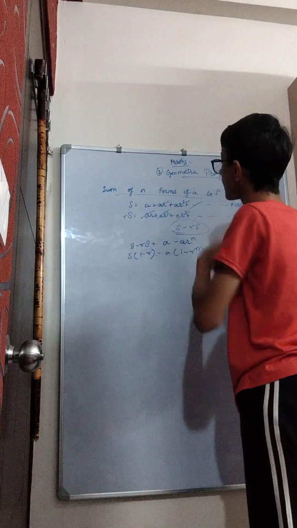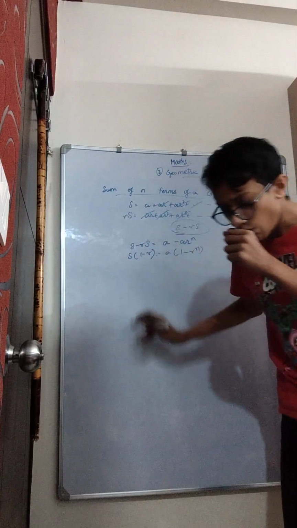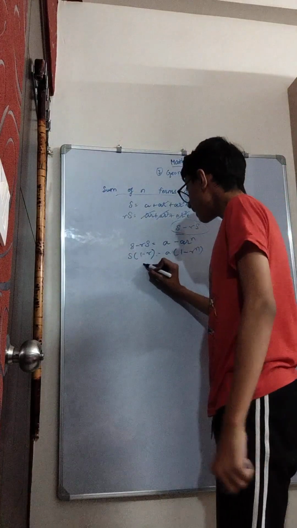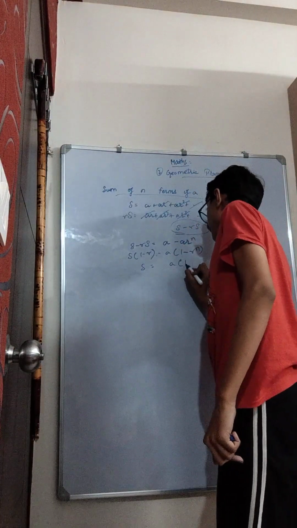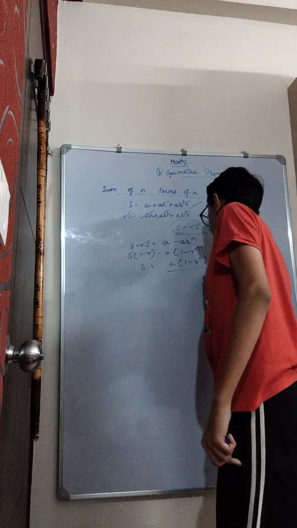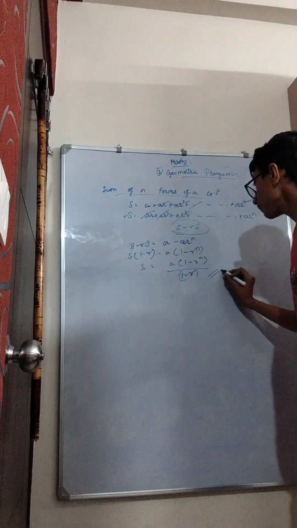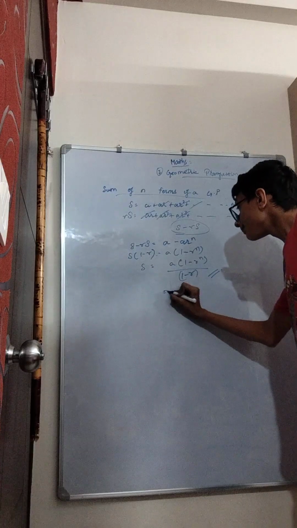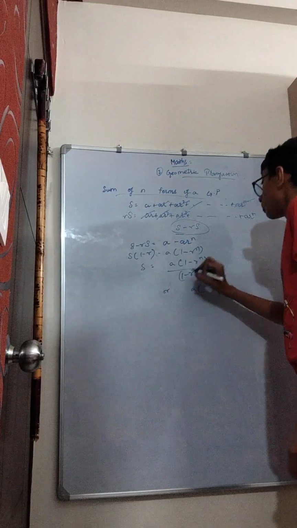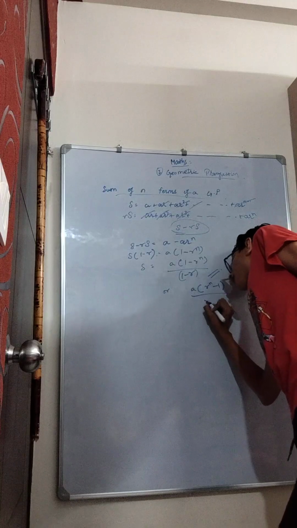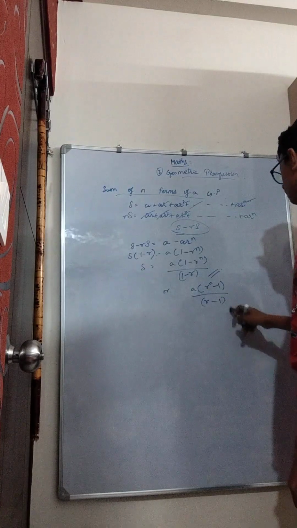Then transpose 1 minus R, so S is equal to A into 1 minus R power n by 1 minus R, or A into R power n minus 1 by R minus 1.